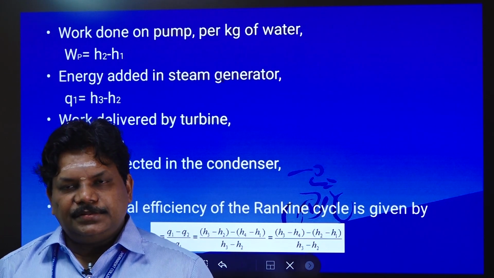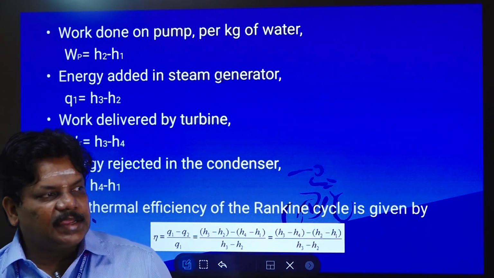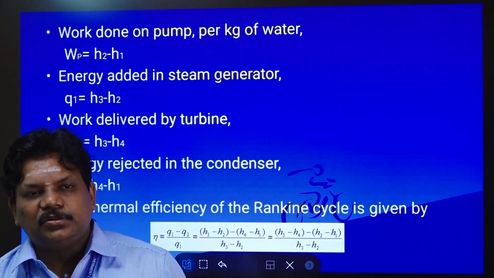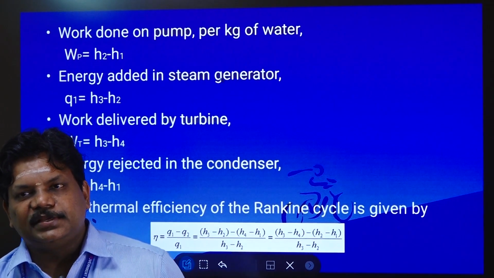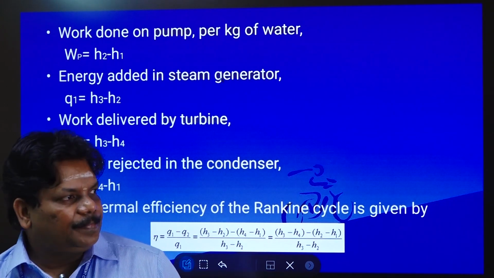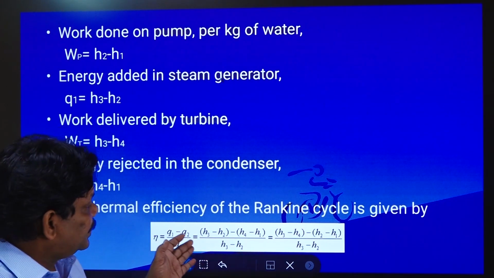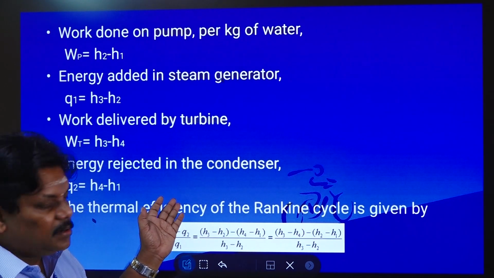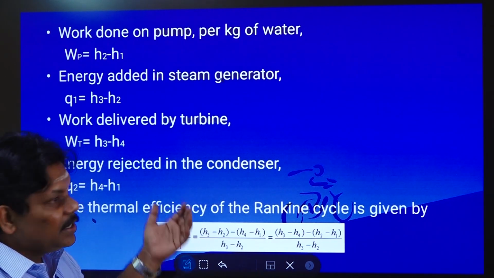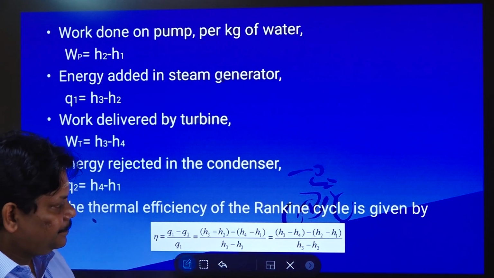The Rankine cycle itself carries around 3 to 4 marks. So you have to be thorough with this Rankine cycle so that you can easily work out the problems given on it and get those marks. Okay.